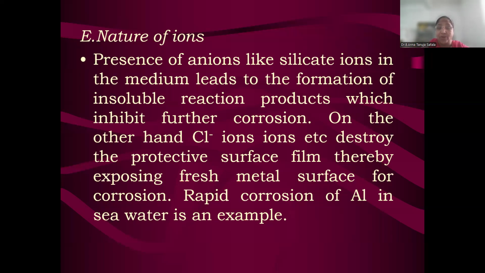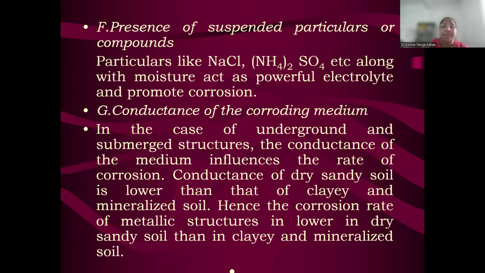That means this concept can be helpful in the invention of corrosion inhibitors. The other factor is the presence of suspended particulate compounds like NaCl, ammonium sulfate, and moisture conditions. If present in the environment, the rate of corrosion would be greater.